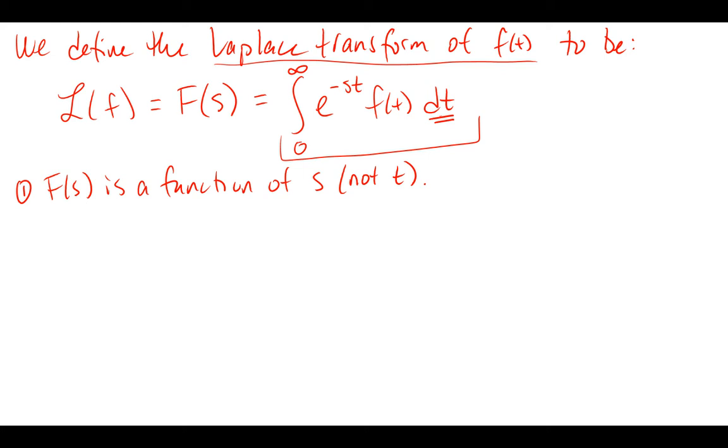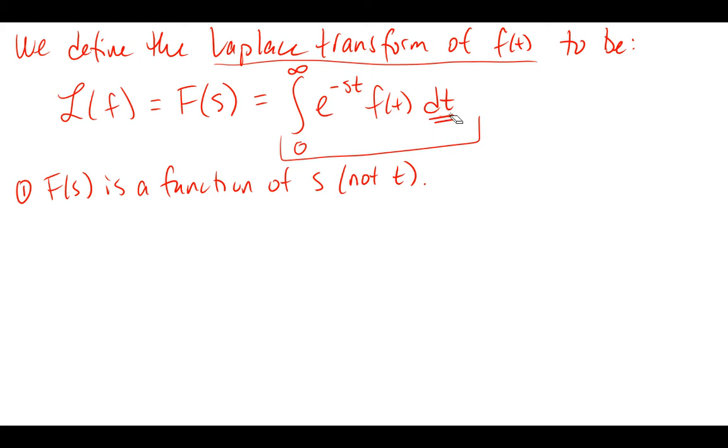But the idea here, right, is that I'm building or defining or creating a function of s, and I'm telling you, okay, how would I define big F of 2? Well, I'd put a 2 in for s, and then I would do this integral.